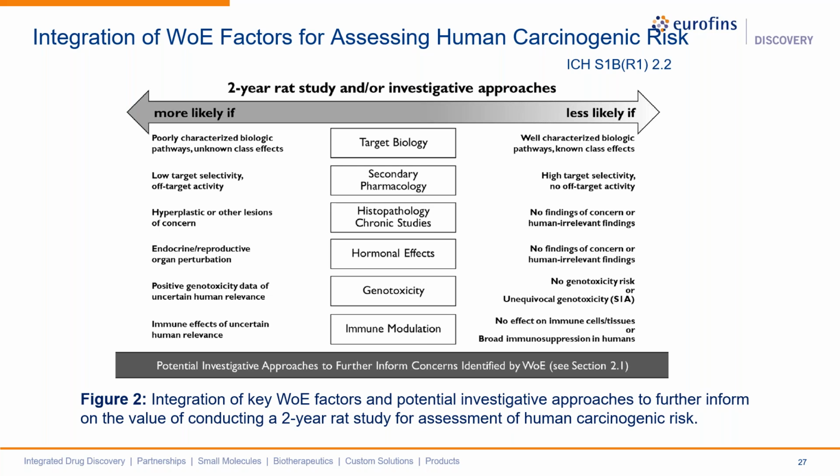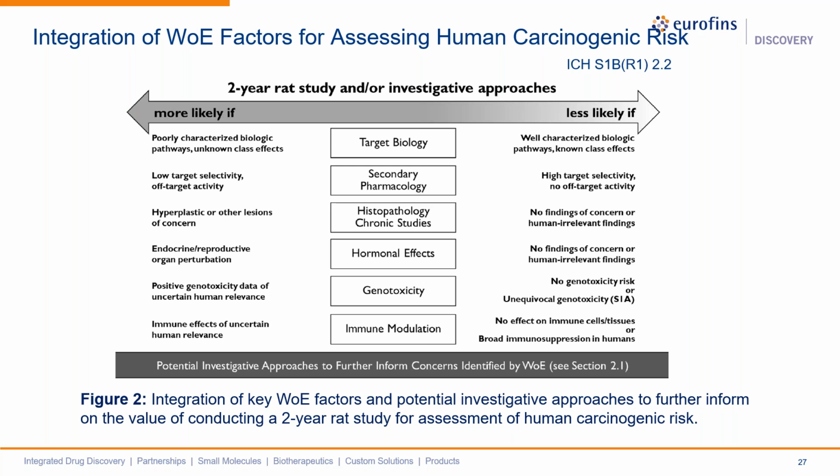For each factor, the assessment moves along a spectrum. The left side indicates conditions where traditional 2-year studies are more likely needed, because the chemical has a poorly characterized pathway, higher off-target effects, or higher concern from other findings.